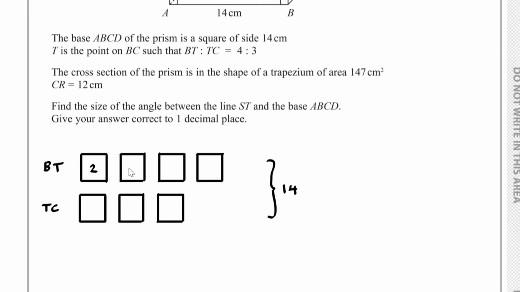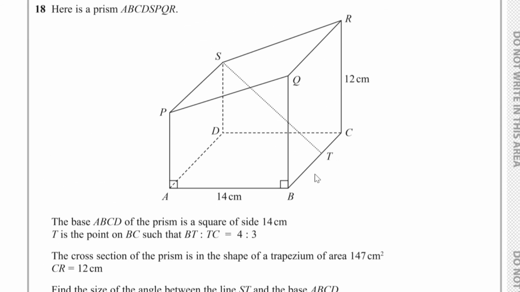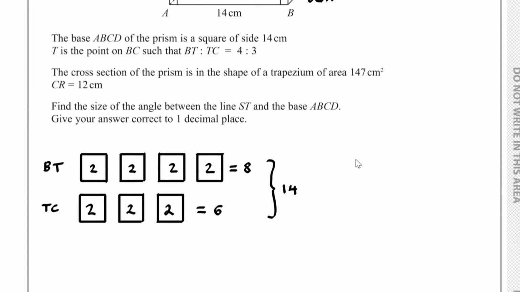So we have 2 for each of these boxes, which means BT is equal to 8 and TC is equal to 6. So we have 8 centimeters here and 6 centimeters here.